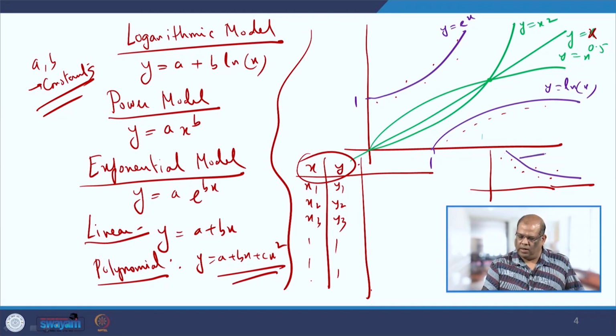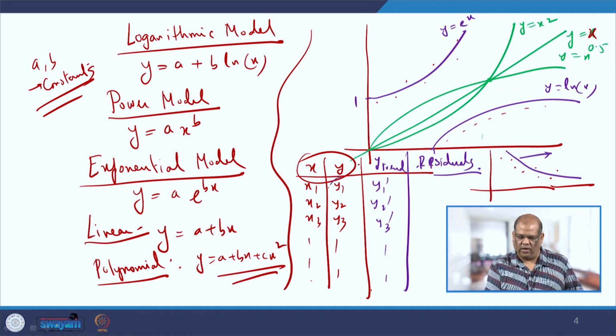You find the equation of this trend, and you calculate these values y1, y2, y3 and so on. And then there is something called residuals. The residuals are the difference between the data which is given and the value which you have calculated. You take the difference of y1 minus y1 dash.